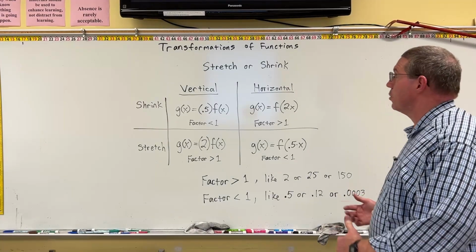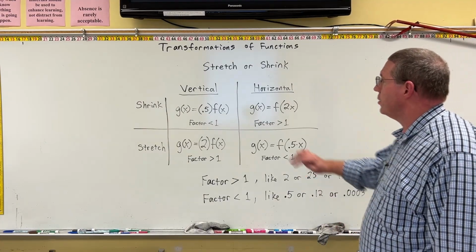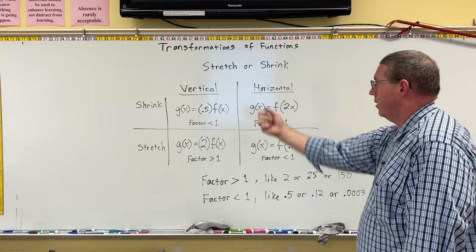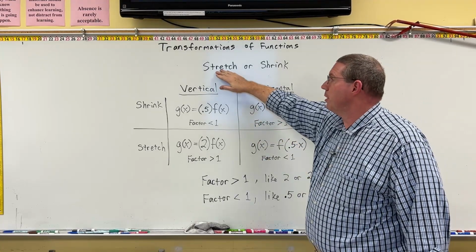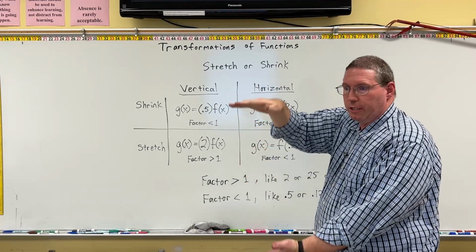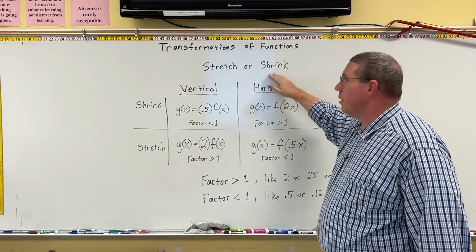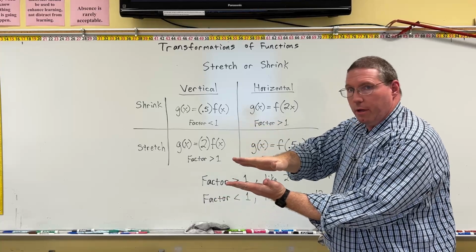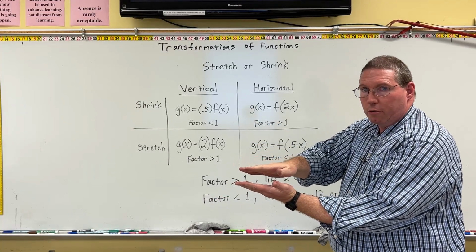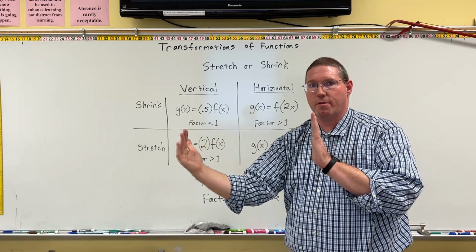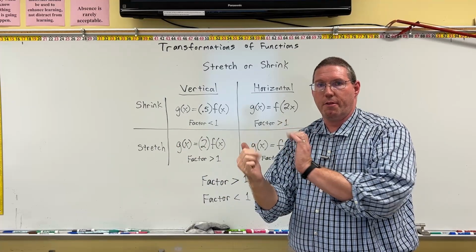All right, another kind of transformation of a function is a stretch or a shrink. Stretch means to basically stretch it taller or stretch it wider. A shrink means to press it down from being taller to shorter and to press it in sideways to be thinner.